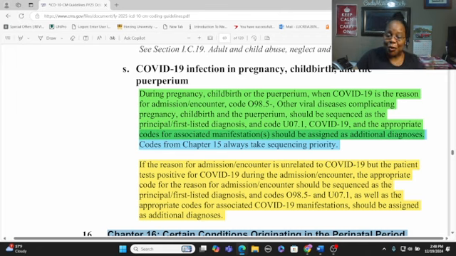But remember, codes from chapter 15 always, remember I told you that in the beginning, always take sequencing priority. So if the patient is pregnant, that pregnancy COVID code O98.5 should be sequenced first, followed by the COVID-19 U07.1 code.